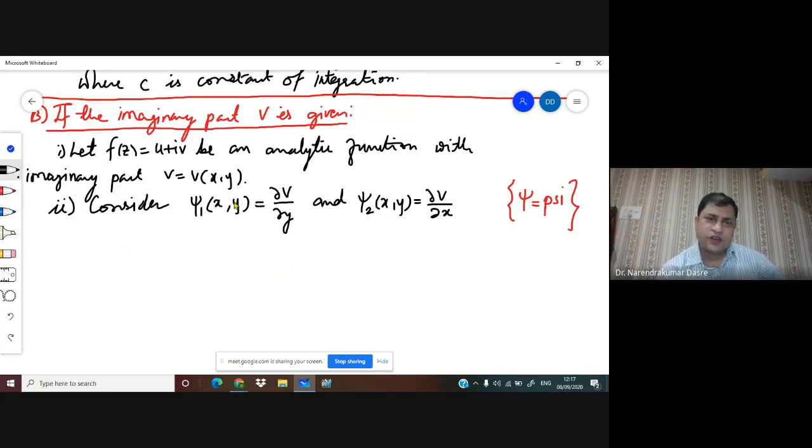Please be careful here. We are taking the first derivative with respect to y and the second derivative with respect to x, as this is an imaginary part.